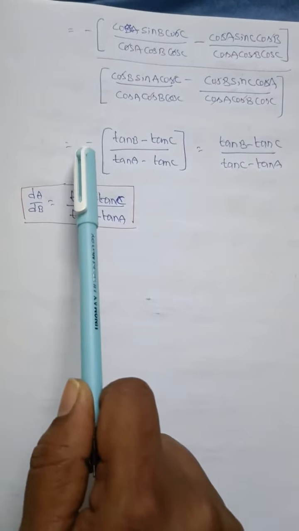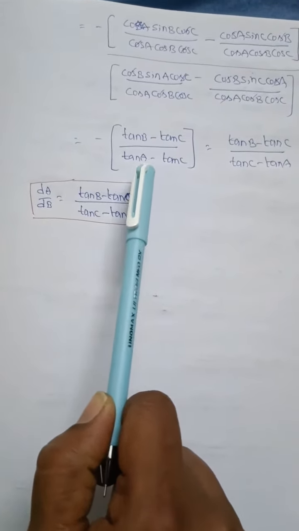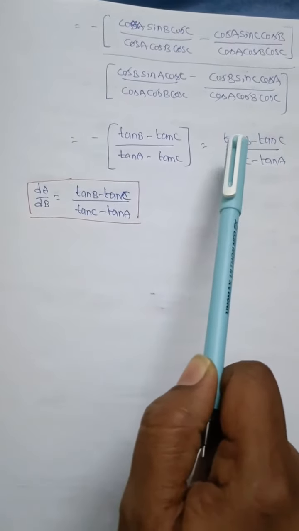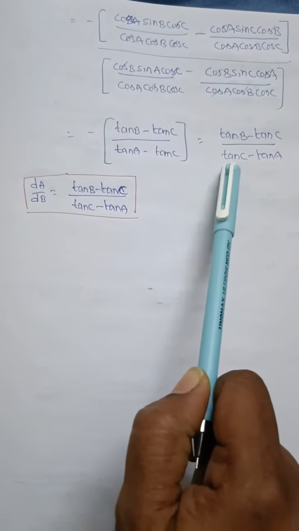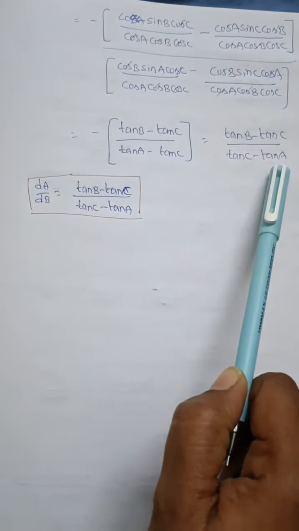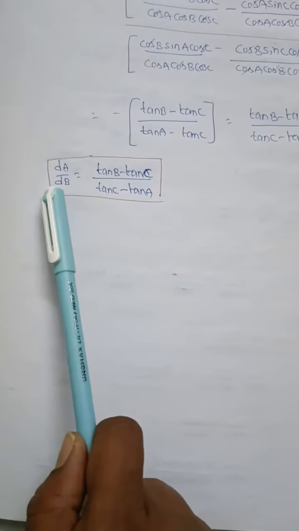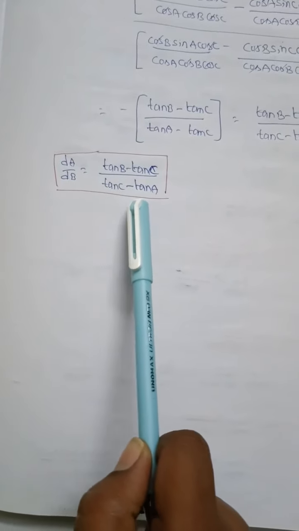Writing this minus in the denominator, because our condition is tan c minus tan a, we get tan b minus tan c over minus (tan c minus tan a). Hence proved the condition. Our condition is to show that dA by dB equals tan b minus tan c by tan c minus tan a.